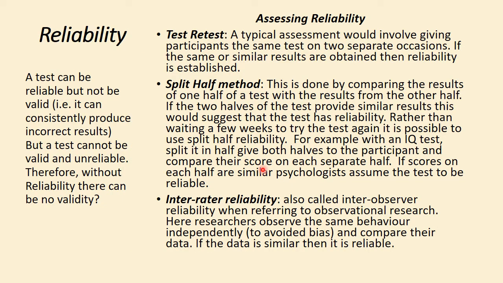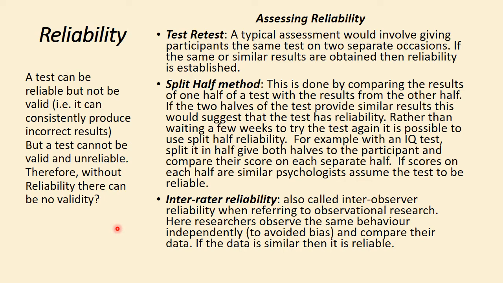So reliability, as we've said, is about producing consistent results. Now, a test can be reliable but not valid. By that I mean it can consistently produce the wrong result. I could, for instance, be throwing darts at a dartboard at the treble 20 and consistently hit the 1.